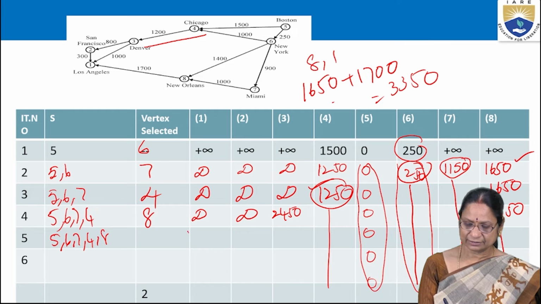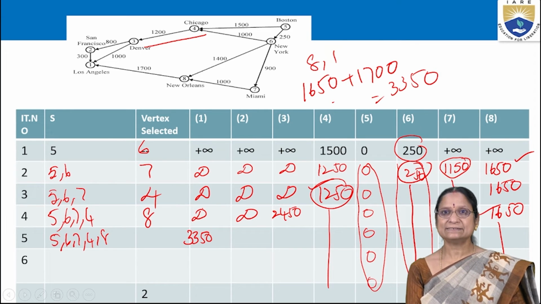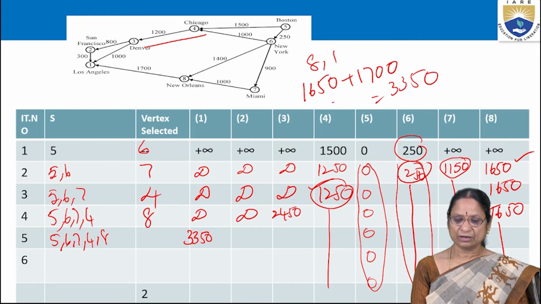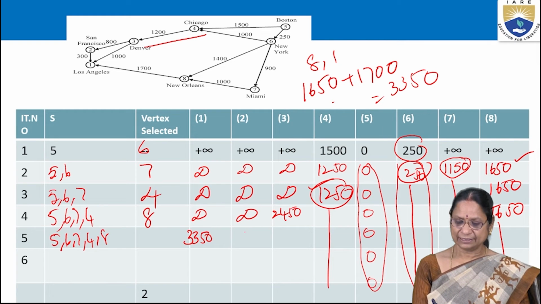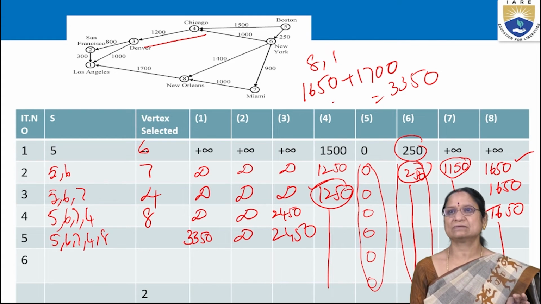At 1, 3350 is estimated, which is lesser than infinity. The remaining stay as they are, and we selected 2450, and 1650 was already selected.